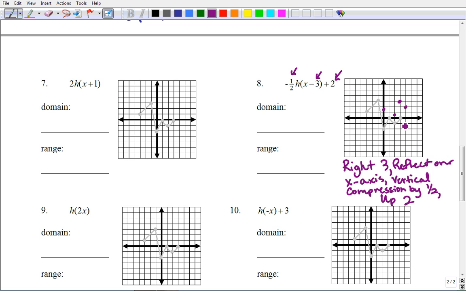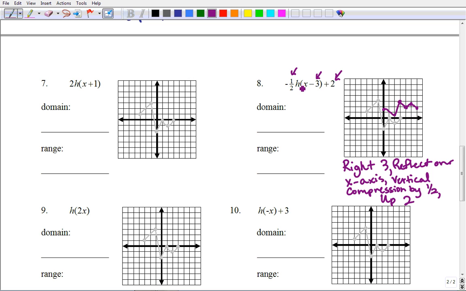This next point, right, 1, 2, 3, reflect, times 1/2, up 2. And finally, the last point, to the right, 1, 2, 3, reflect, and multiplying by 1/2 won't change this 0, but we do go up 1, 2. So our graph now looks like, and then the little bump, there we go.